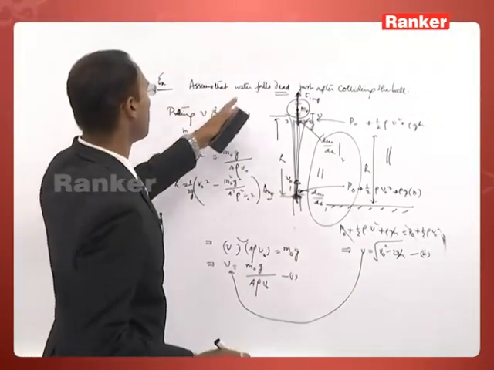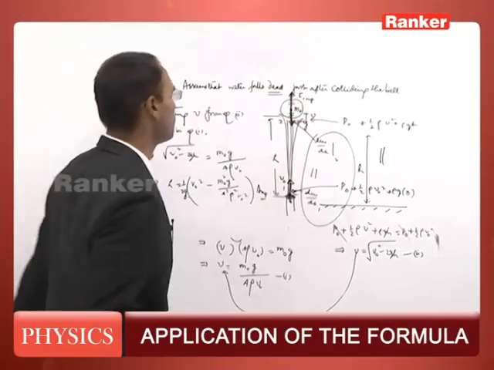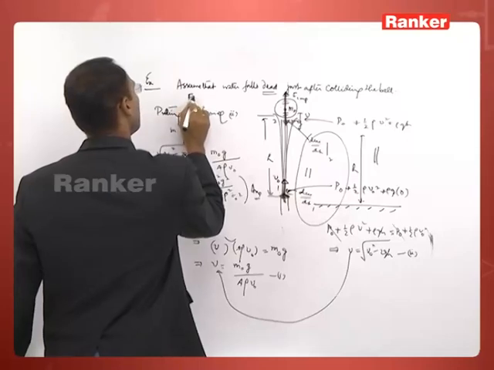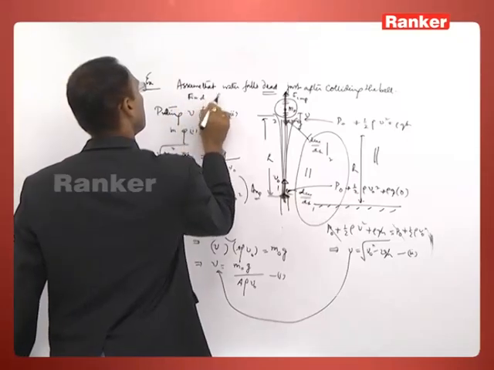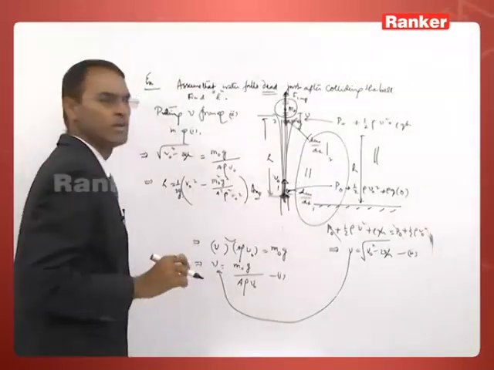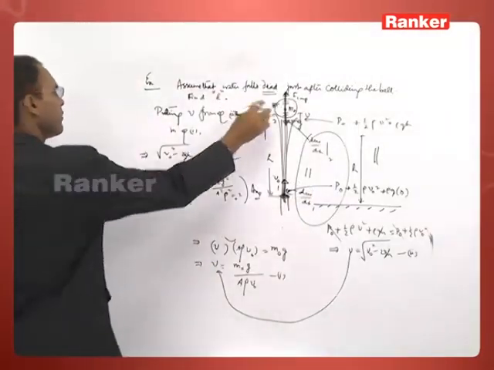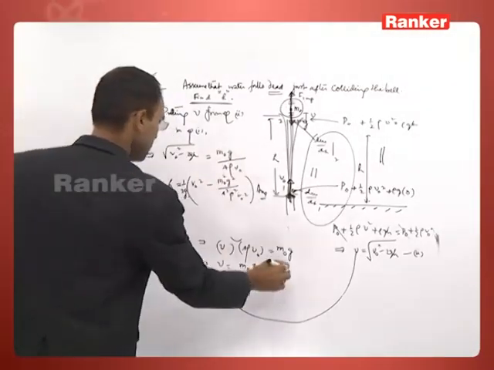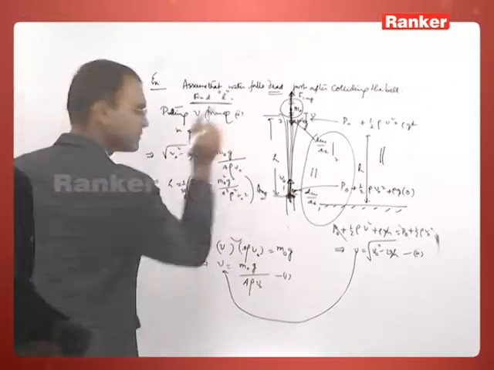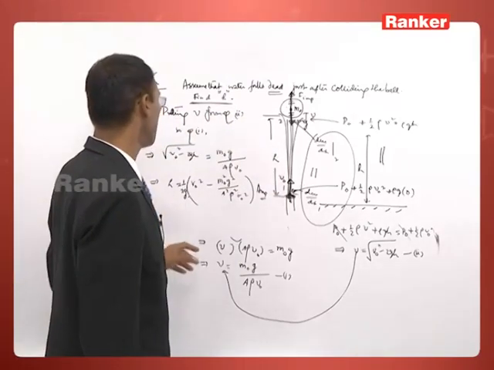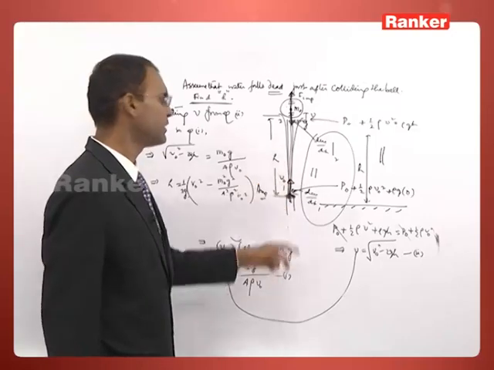So assuming that the water falls dead just after colliding with the ball, find the value of the height at which the ball will be in equilibrium. That is the question, and this is the solution, and we are getting this answer. This is based upon the reaction force formula, V relative dm by dt.